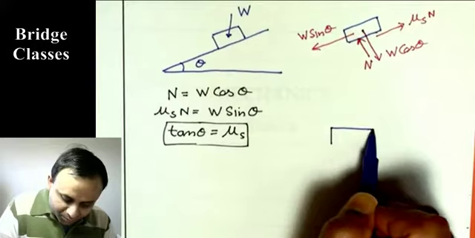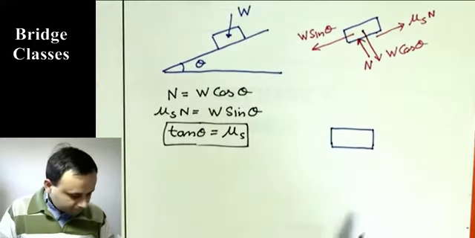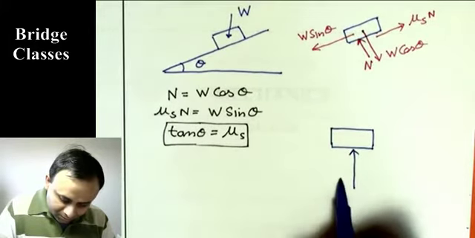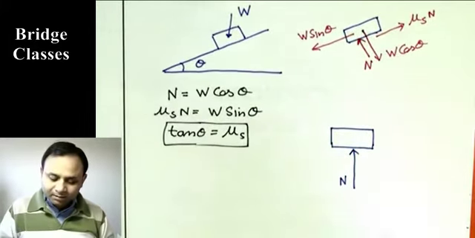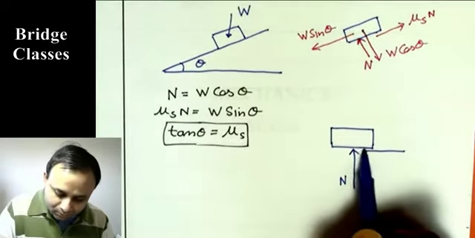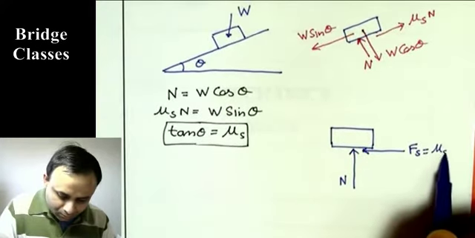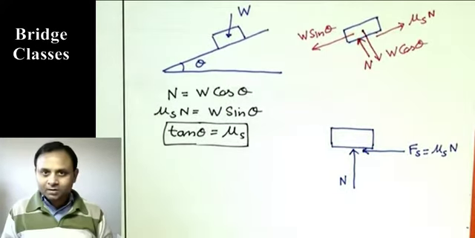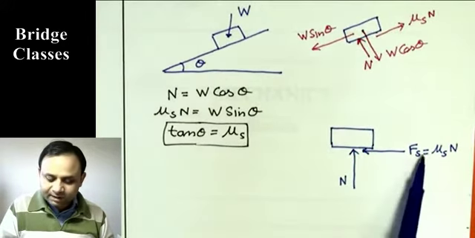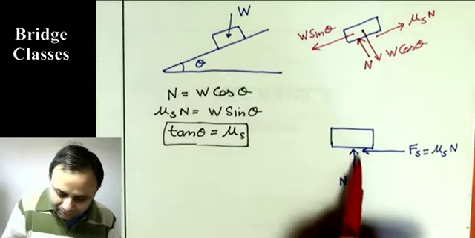Now when we have a body, let us take this on a horizontal surface, and the normal reaction is N from the surface, and the body is about to slip. So the frictional force is mu s N. This Fs is mu s N. So the net force from the surface on the body will be this N and Fs vectorially, and that will be directed like this.